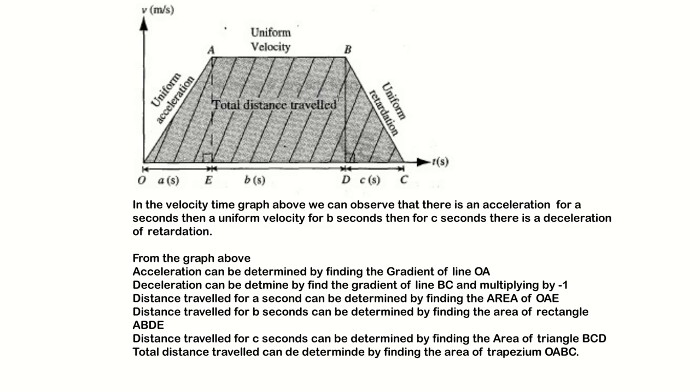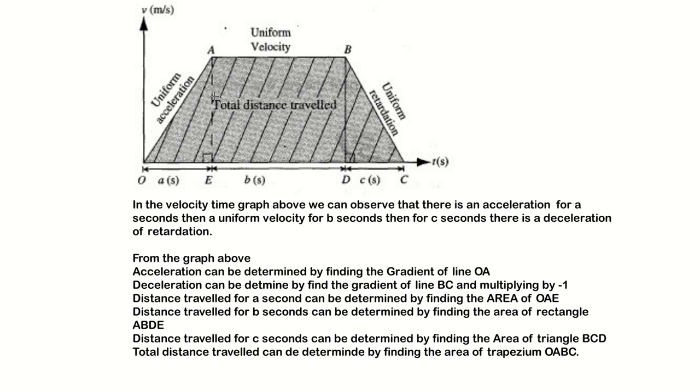Now, sometimes they may give you these graphs and tell you to find the total distance traveled. The distance traveled is the area of the shape underneath that curve. So if I wanted the total distance, I would have to find the area of this entire thing.